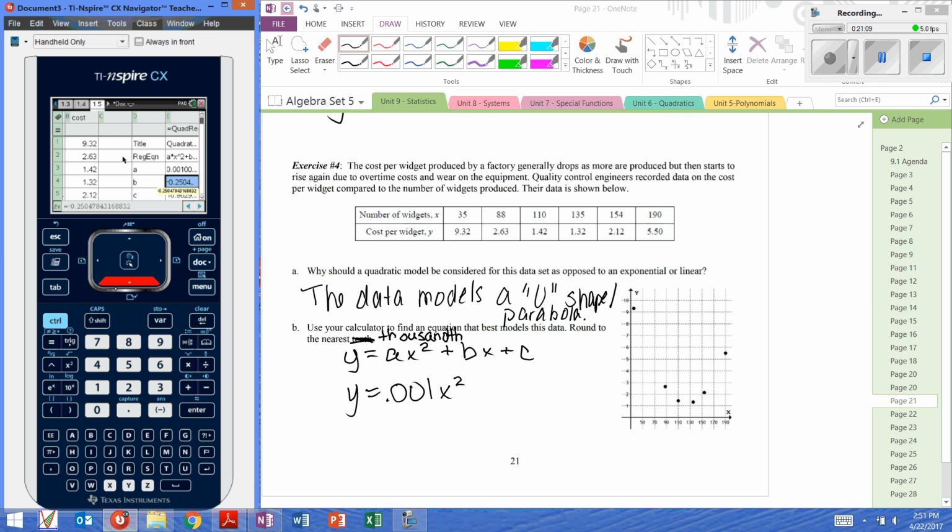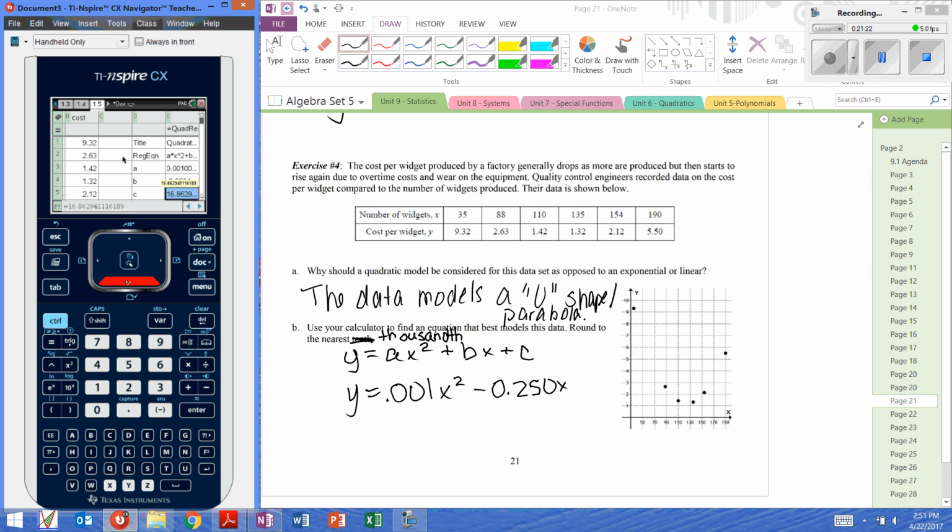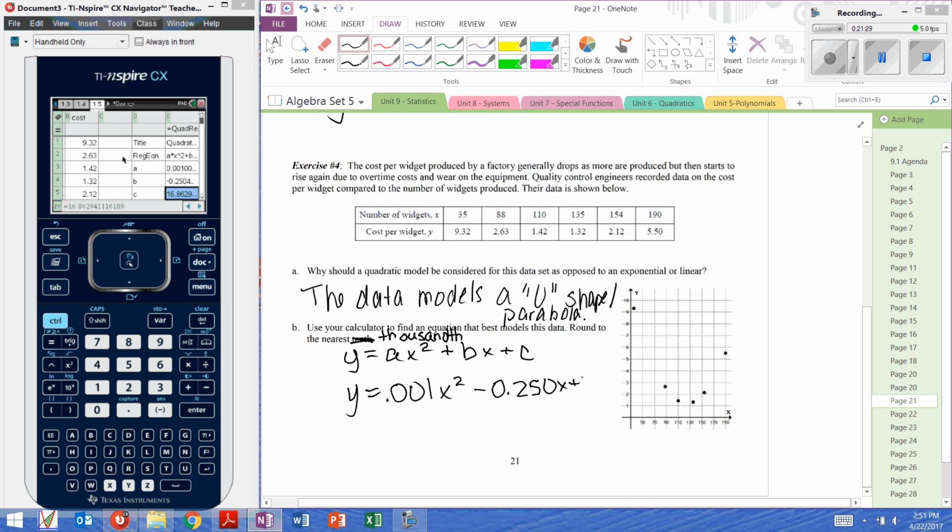Our b value is going to be a negative, so minus 0.25, and that's going to stay as 0x. And then our constant, which is our c value here, rounded to the nearest thousandth, will be a positive, so plus 16.863.